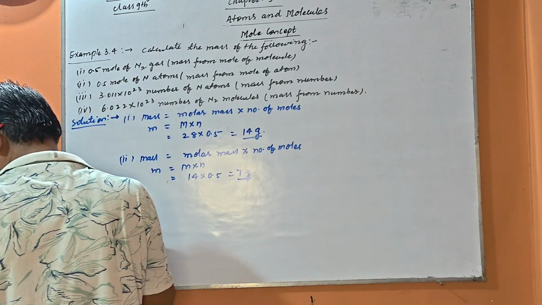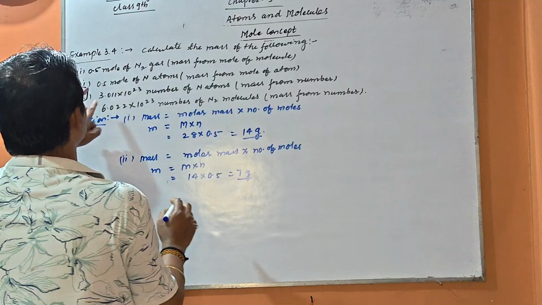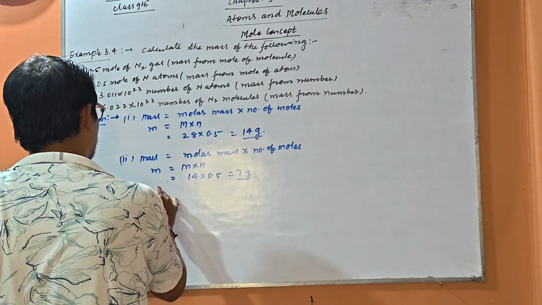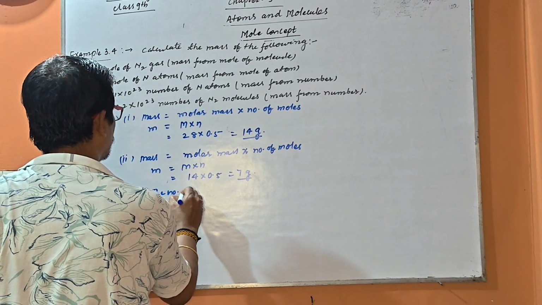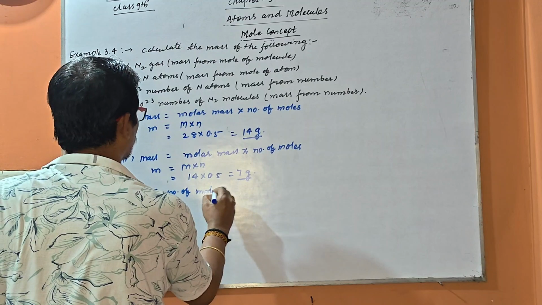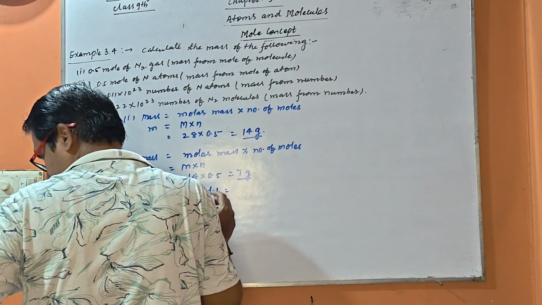Third, the number of N atoms is 3.011 into 10 to the power 23.